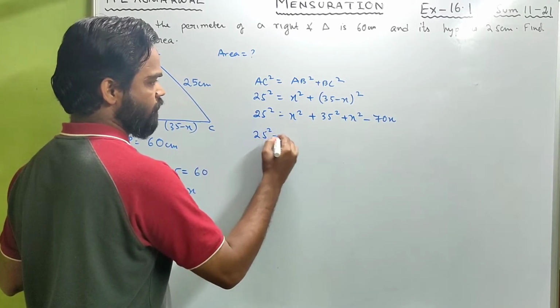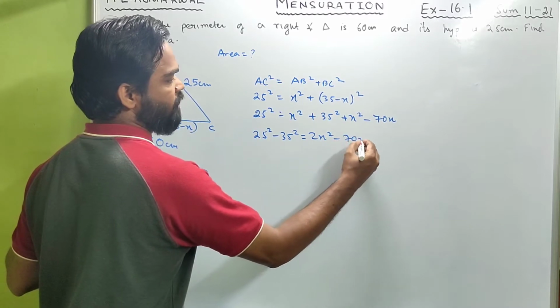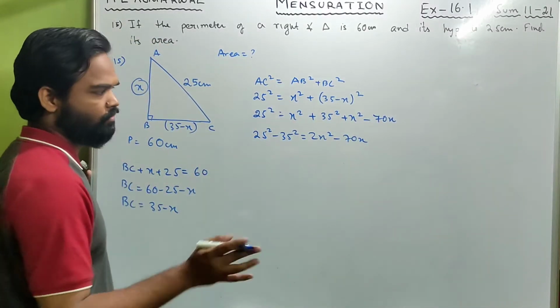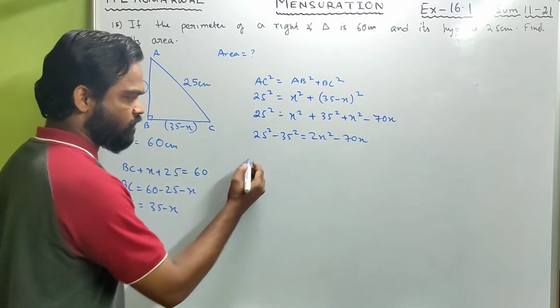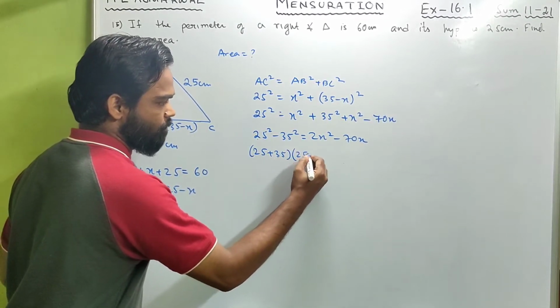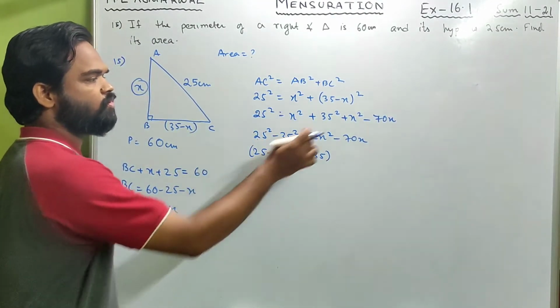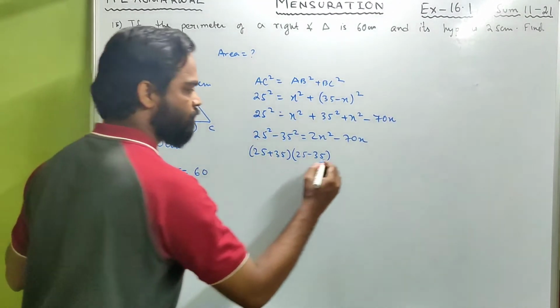So 25 square minus 35 square is equal to 2x square minus 70x. You can solve it either way. What I've done, see, a square minus b square, the formula is a plus b times a minus b. That becomes easier for us. Or you can simply find 25 square, 35 square and then solve it. Your wish.